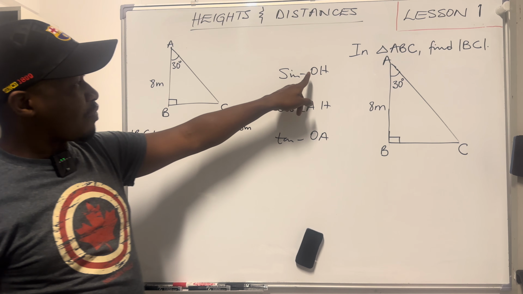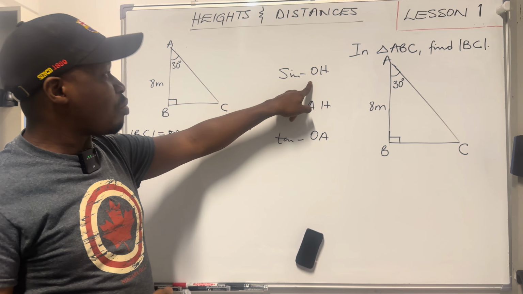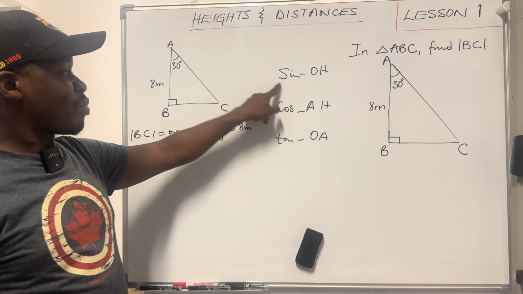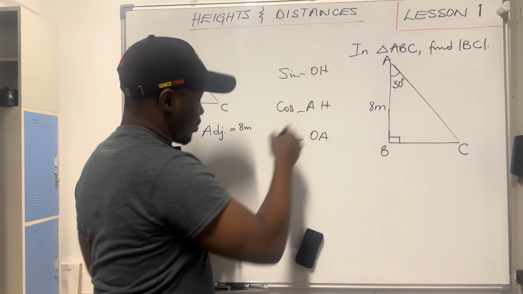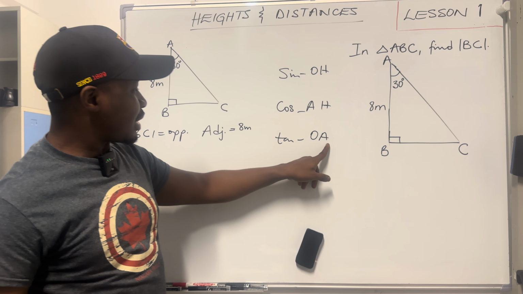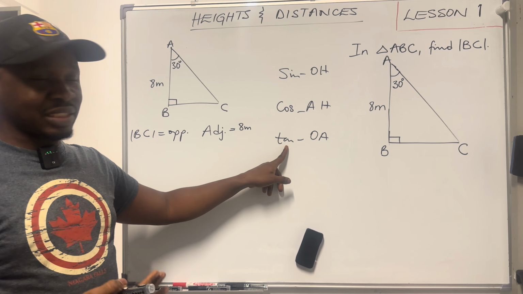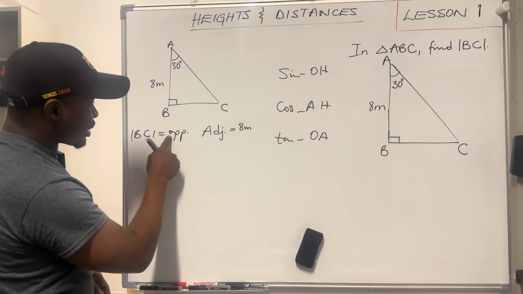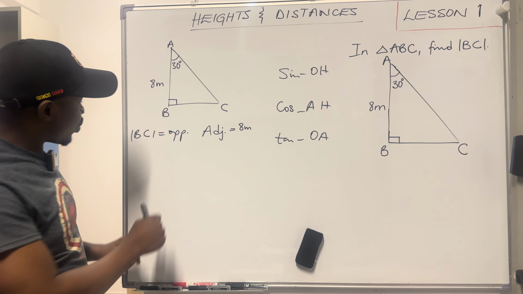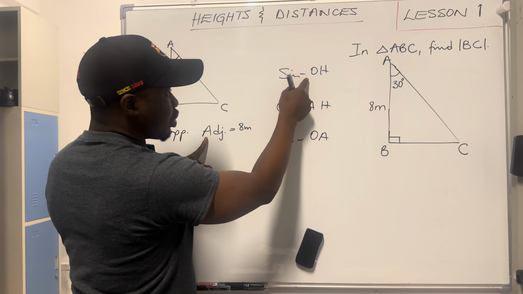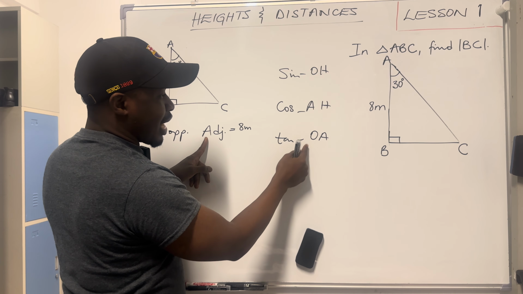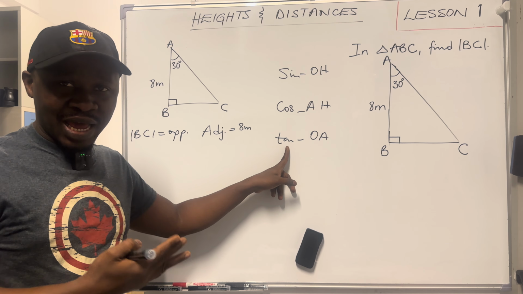If you want to consider opposite and hypotenuse, use sine. Adjacent and hypotenuse, use cosine. Opposite and adjacent, we use tangent. This one has opposite and adjacent, so we are using tan.